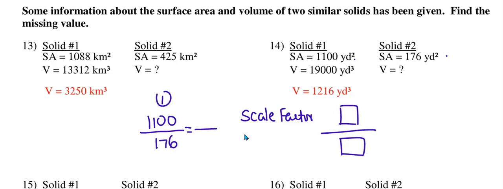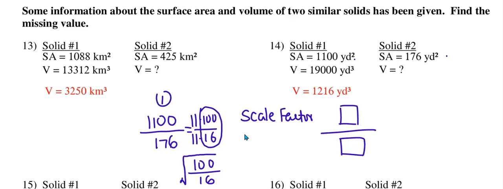And we can simplify because that's 11 times 100, that's 11 times 16. Oh, beautiful, because 100 over 16, don't use it directly as a scale factor. Why? Refer to the previous video, we talk about why, okay? And here, just a really quick reminder, you need to take the square root.